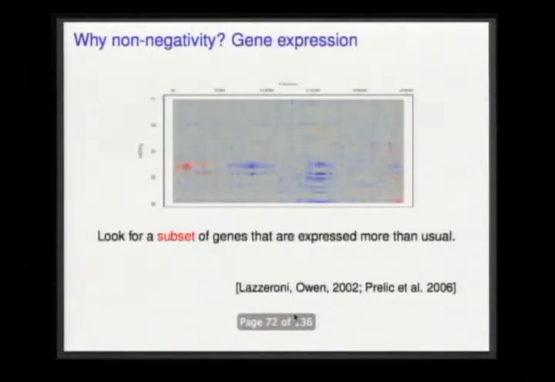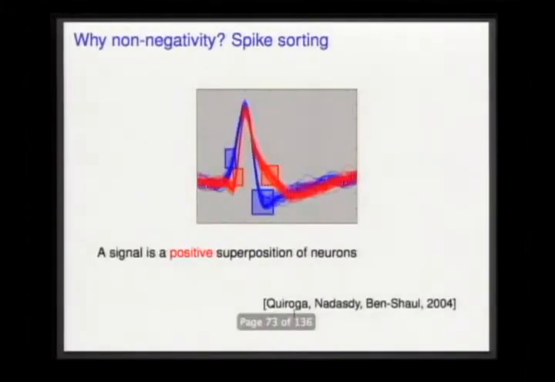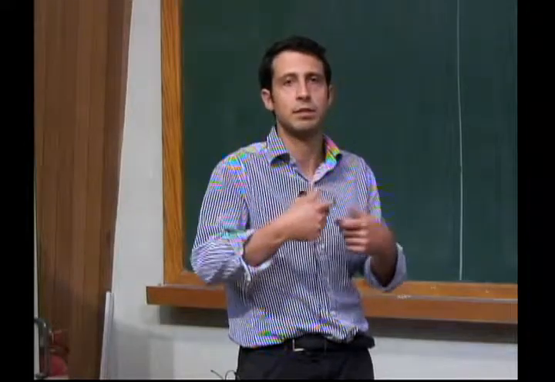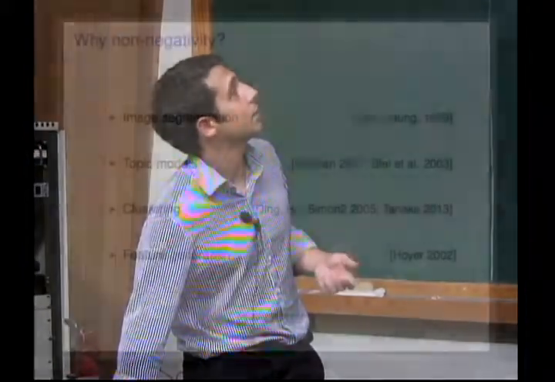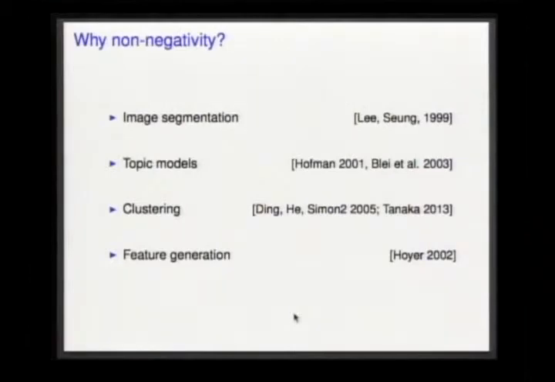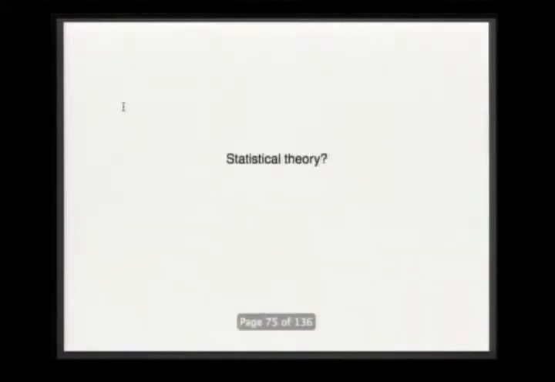There are many cases, like in genomic applications, where you want to select a subset of the data, or in some applications where signals are added and you know that they cannot be added negatively because it doesn't have any physical sense. There are cases like this where you want to use the non-negativity, also in topic modeling or clustering, or the original use of non-negative matrix factorization to learn patches in images, etc.